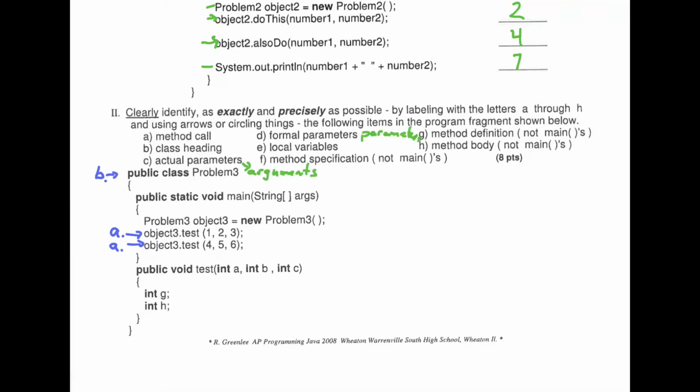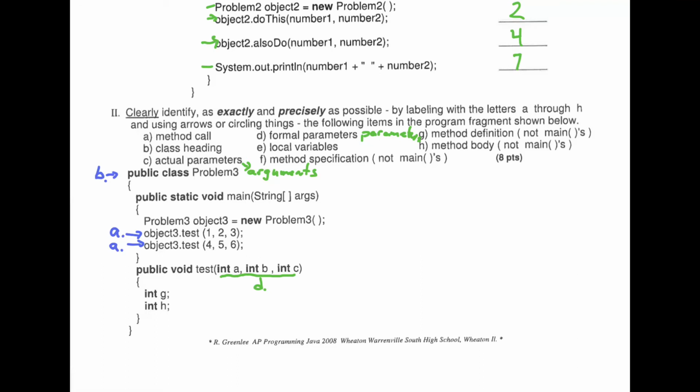All right, so for part C and part D, they are a little bit different than what you might know them by. Actual parameters can be called arguments, and formal parameters can be called just parameters, is usually what we call them. Our formal parameters are going to be when we have a new method. They are the data that is going to be needed to complete that method.